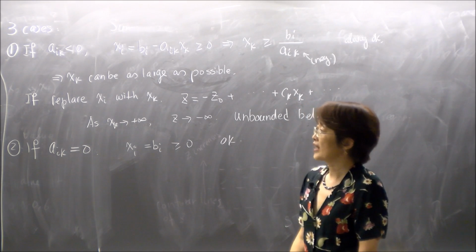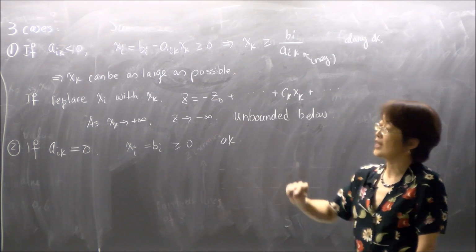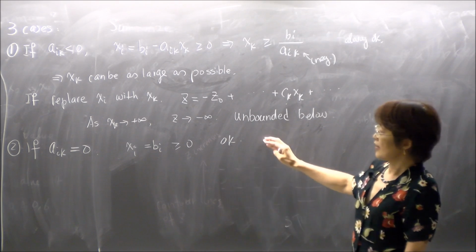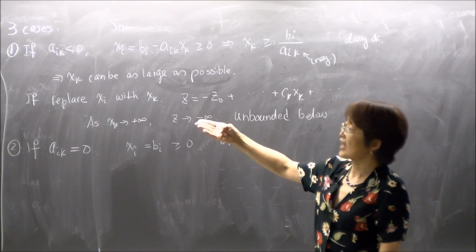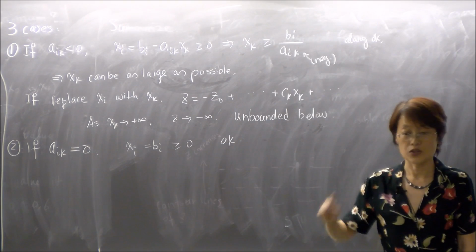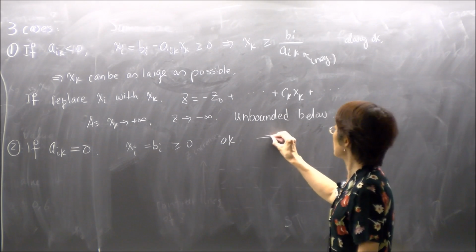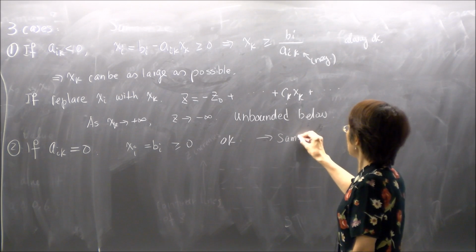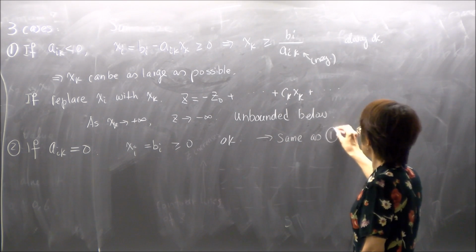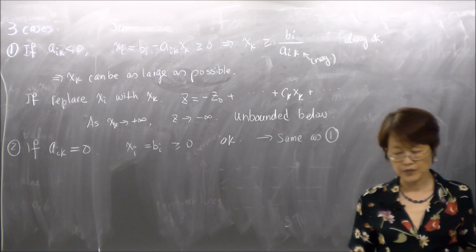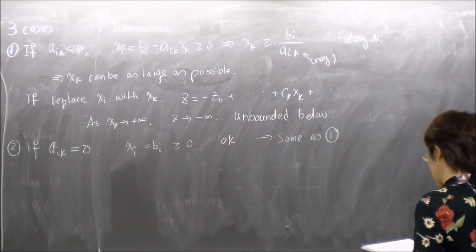Again, you can reach the same conclusion as case 1. Then I would take x_k as large as possible and drive z to negative infinity, right? So this is the same as case 1, you will conclude. So here comes the interesting case.